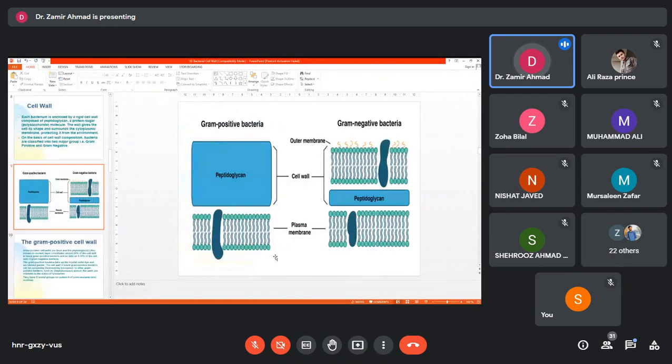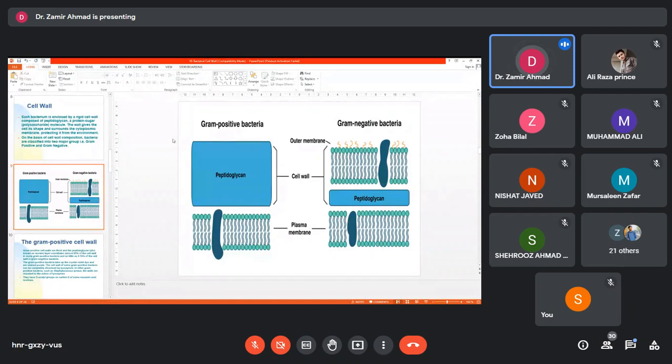This is just an outline of the structure of these membranes. In gram-positive bacteria, the major component of the cell wall is peptidoglycan, while in gram-negative bacteria, peptidoglycan forms only a minor portion of the cell wall, while the outer membrane is formed by phospholipids as is present in the plasma membrane.